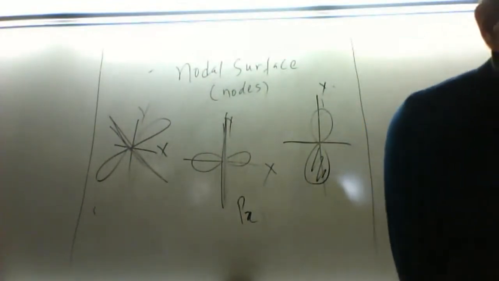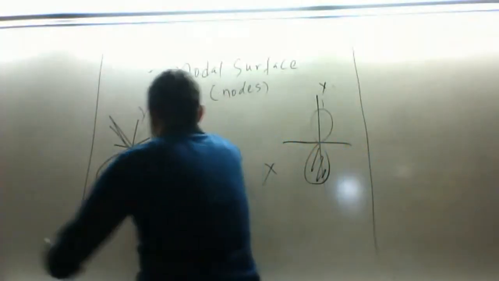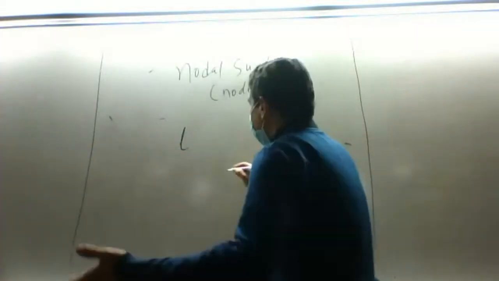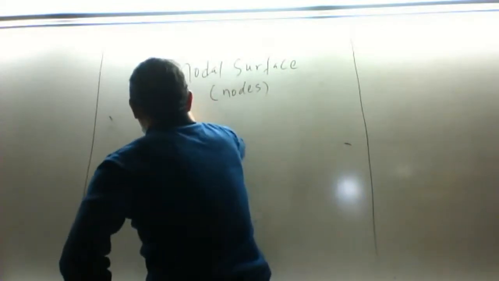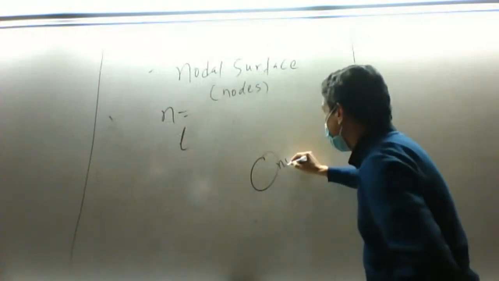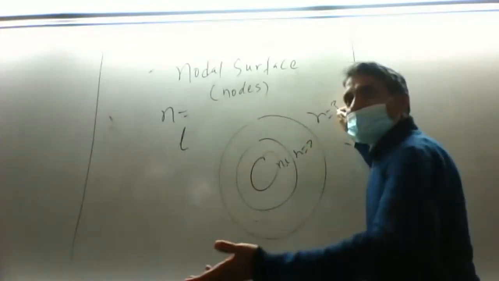So how many nodes are possible? You just go back and look at what the value of L is. When we are talking about the quantum numbers, n cannot be zero, right? It only starts from n equals 1, n equals 2, n equals 3.